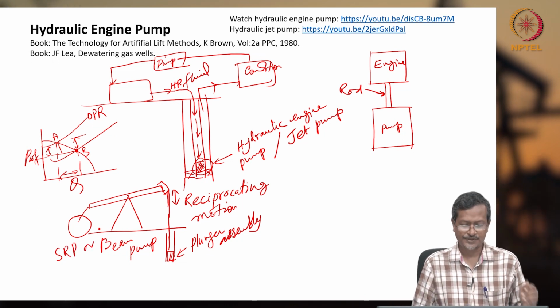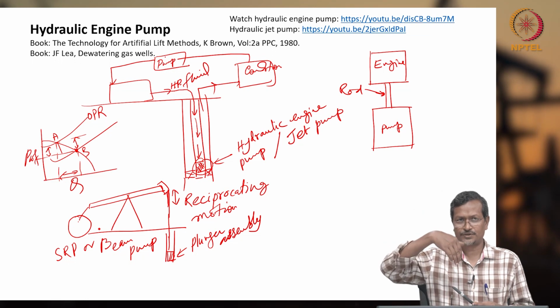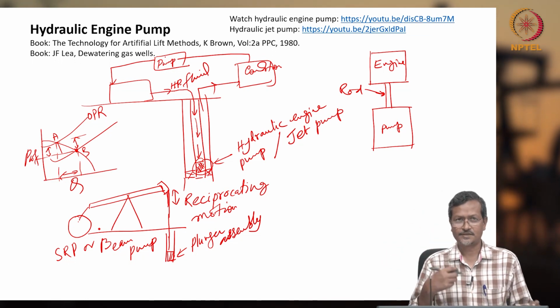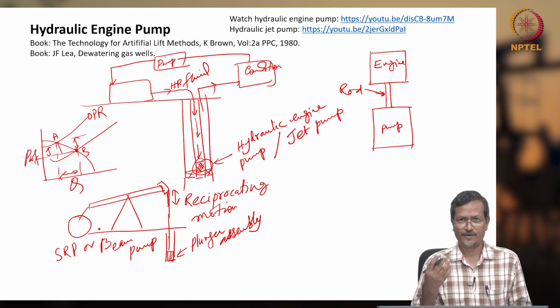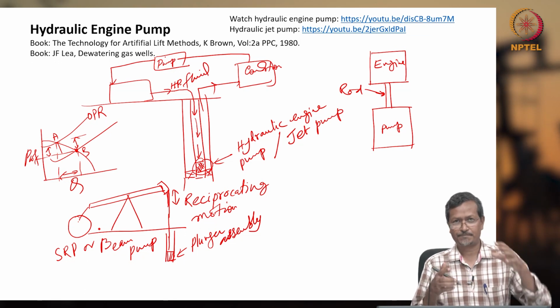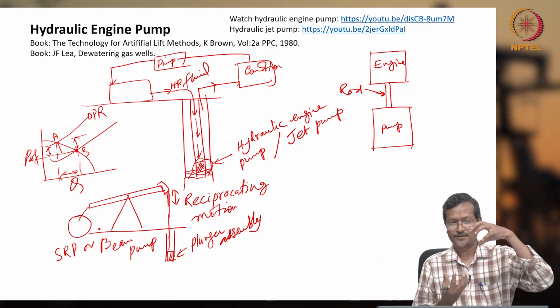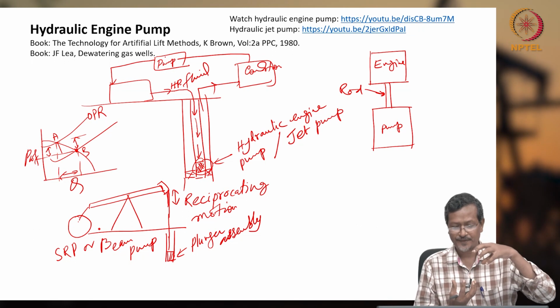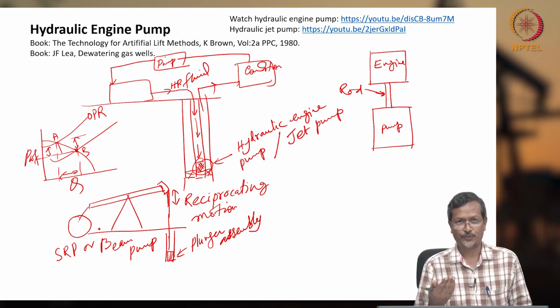In this sucker rod pump, you are creating reciprocating motion. Follow the previous lecture: this reciprocating motion works on the traveling valve and standing valve, and that way you are getting production. In a hydraulic engine pump also you have that bottom hole assembly, plunger, traveling valve, and standing valve assembly, and that is giving you production.